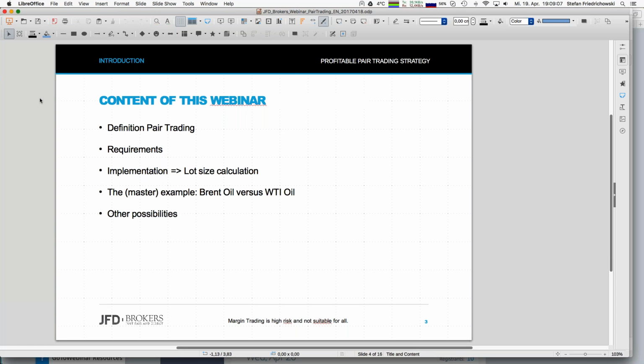I will show some detailed results on what I always call the master of pair trading. So the master example for me personally is Brent versus WTI oil. So the two kinds of oils you can trade. And the reason is twofold. One reason is simply because those markets have a really good story behind them when we talk about pair trading.